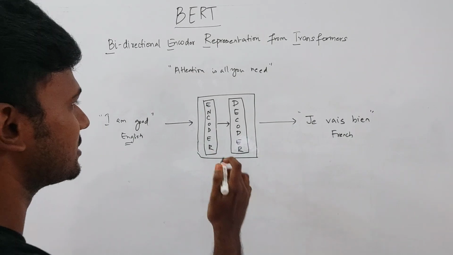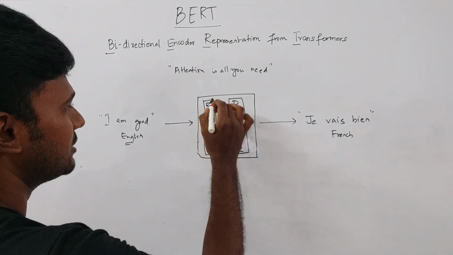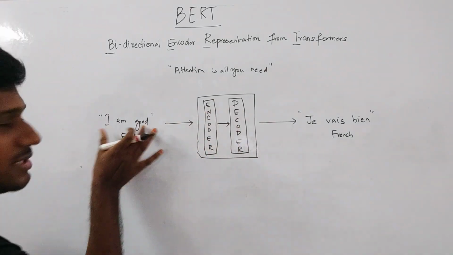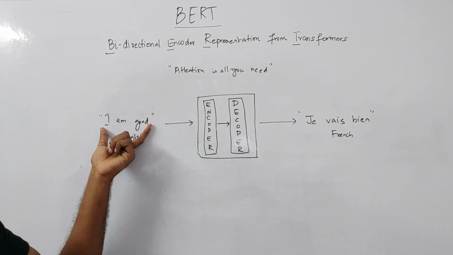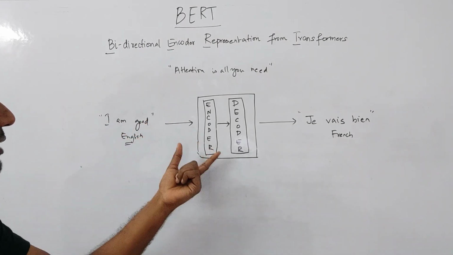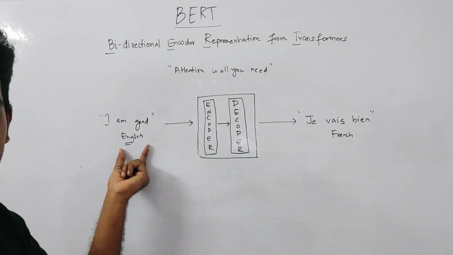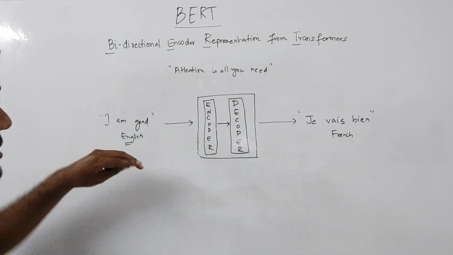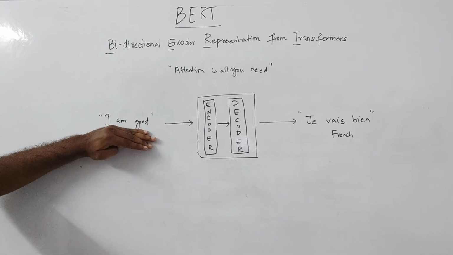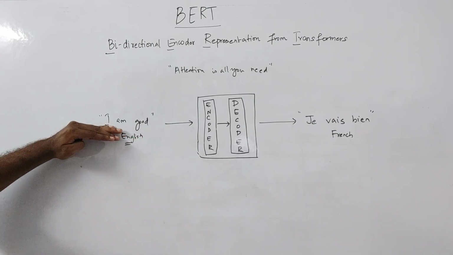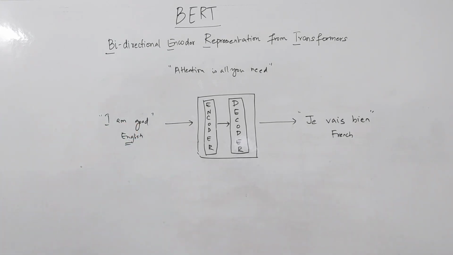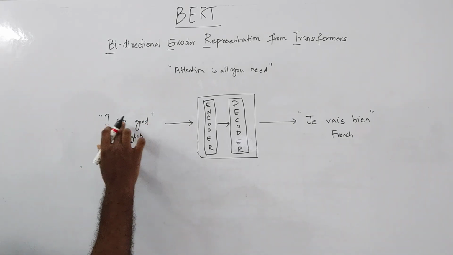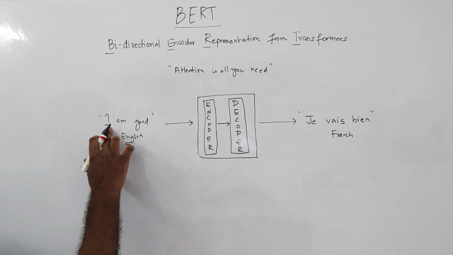So how this works is something like this: the encoder tries to understand this English sentence. "I am good" is the raw input sentence that is sent into the encoder, and the encoder tries to understand the English language and how it is constructed. It tries to understand the grammatical meaning, the contextual meaning, and how every word is related, how "good" is related to "am" and how "am" is related to "I."